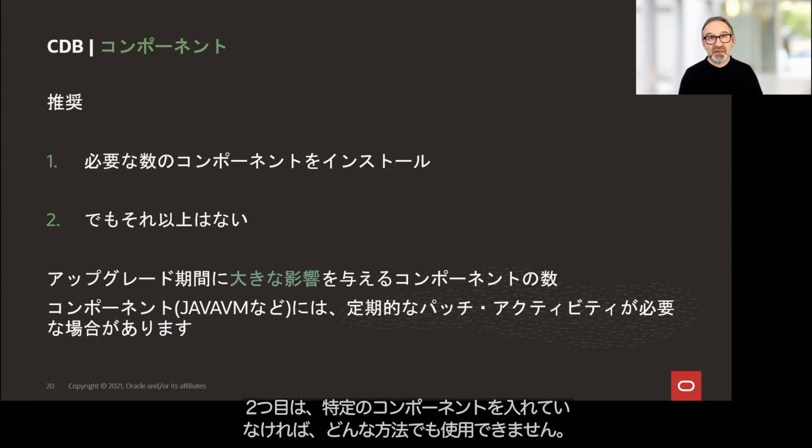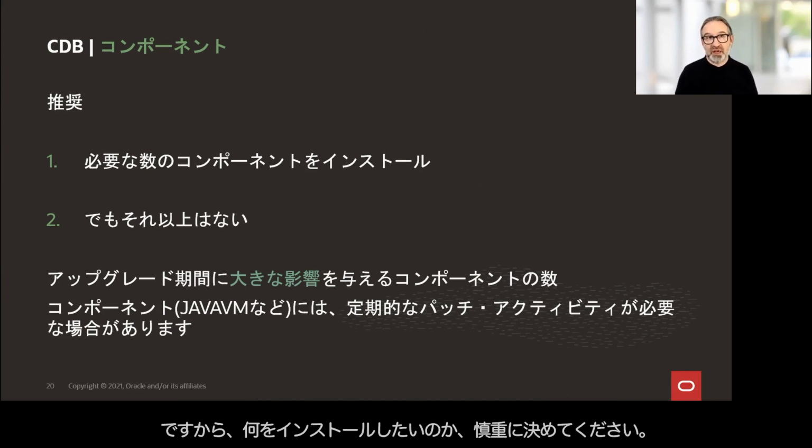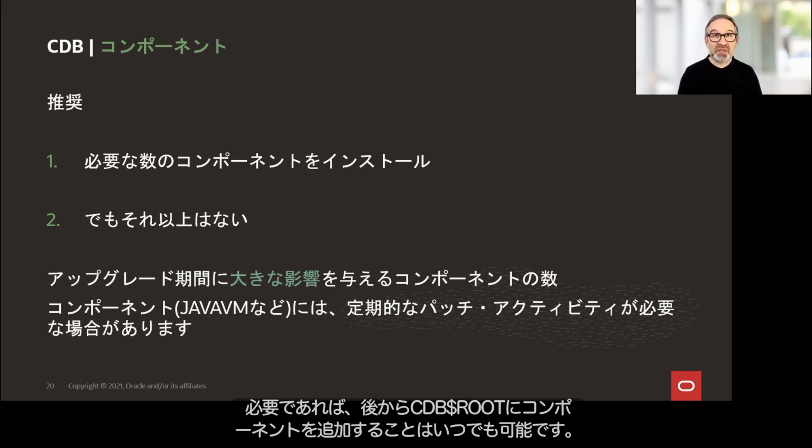Second thing is, if you don't have certain components you may not use anyways, that means also you need to take care less on special patches, especially on the quarterly OJVM patches. So be careful and decide carefully what you want to install. It's always possible to add components later on to your CDB root if needed.